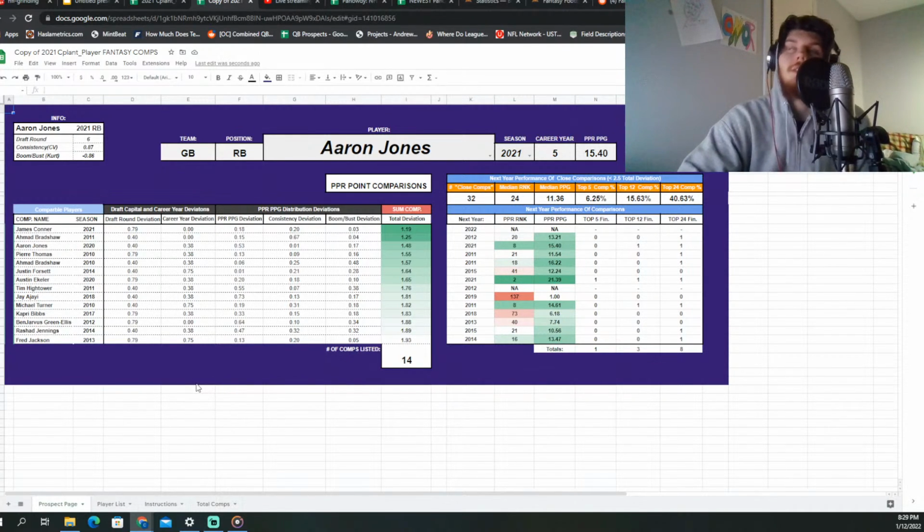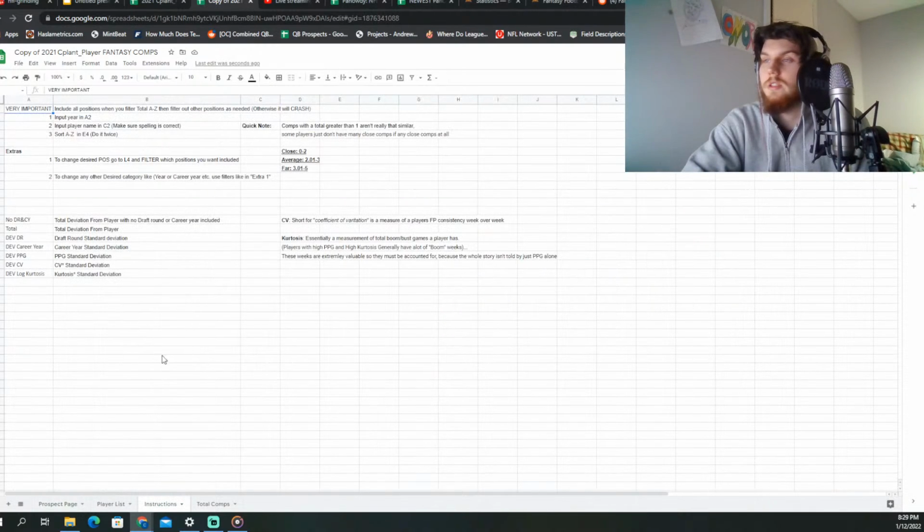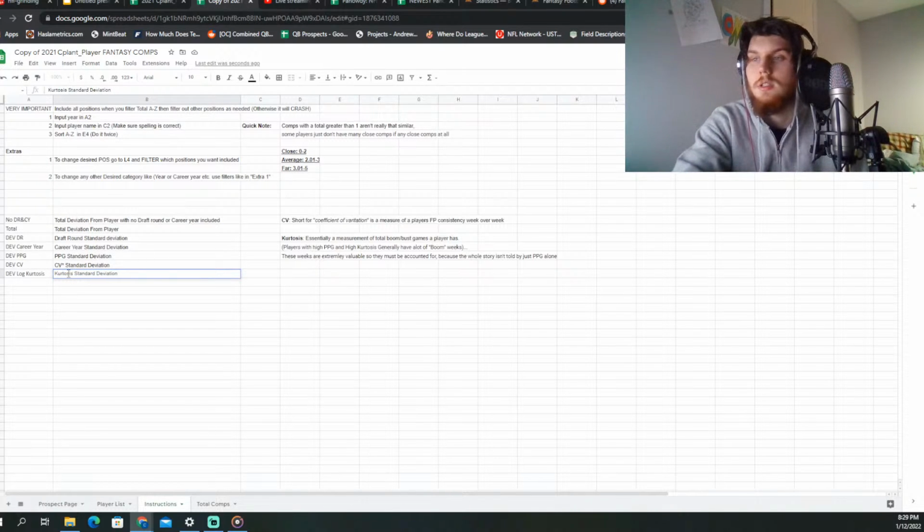I'm not good at ending these things, but I'm going to update the instructions on this, because this is saying kurtosis times standard deviation. I don't know why it's saying that, because that's not what it is.